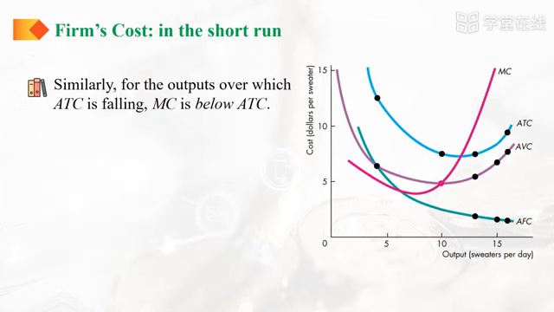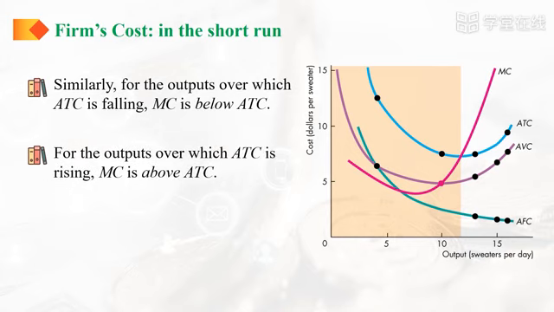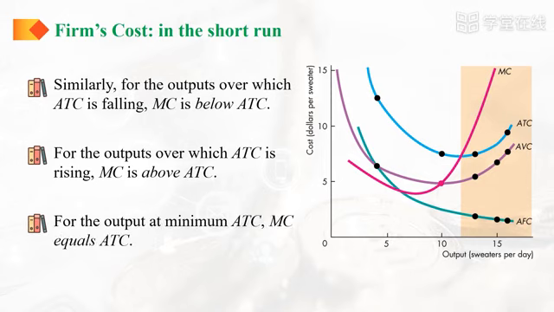Similarly, for the outputs over which average total cost is falling, marginal cost is below average total cost. For the outputs over which average total cost is rising, marginal cost is above average total cost. For the output at minimum average total cost, marginal cost equals average total cost.